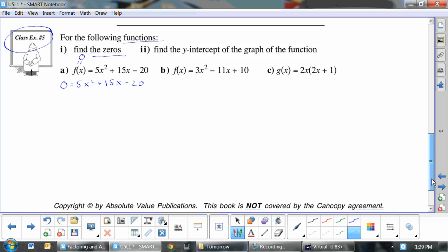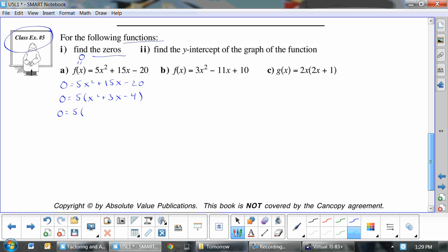Okay, so what's our first step? You got it. Okay, and so after we take the 5 out, it's just like a type 1 factoring problem.